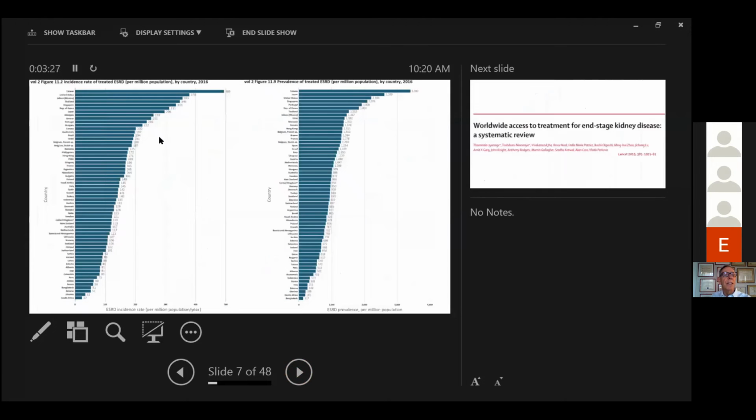Regarding the incidence and the prevalence of treated ESRD, South Africa is down here at the bottom in both of these slides, indicating that there's quite a bit of variation, but whatever the causes of variation, we see less penetrance of dialysis treatments in Africa, and in South Africa, the only place with data, less than the rest of the world.